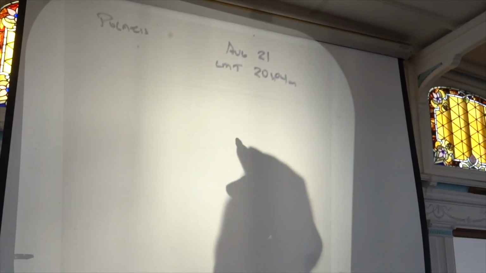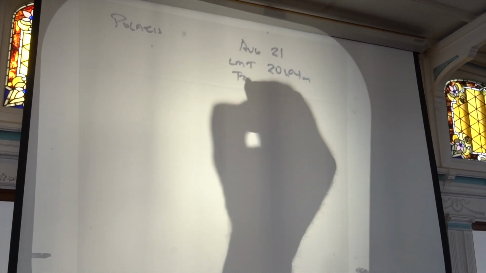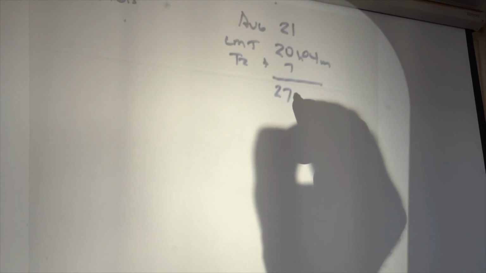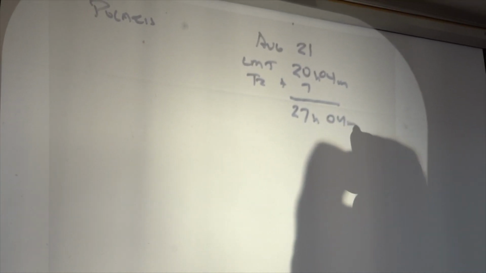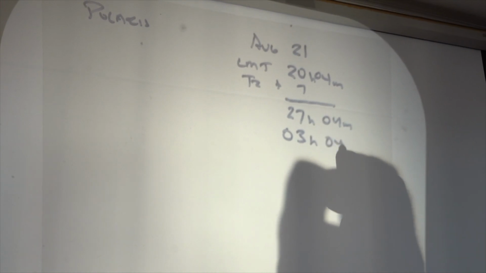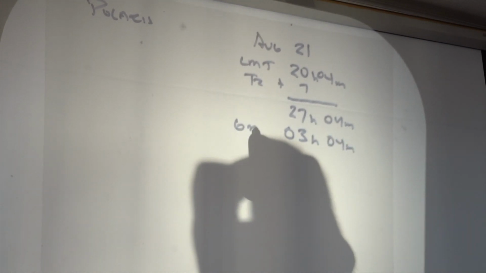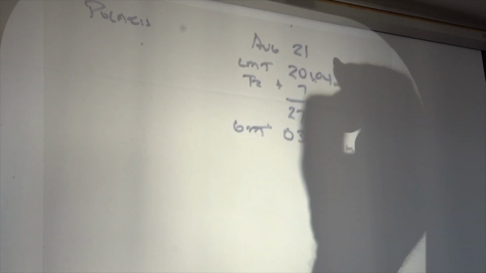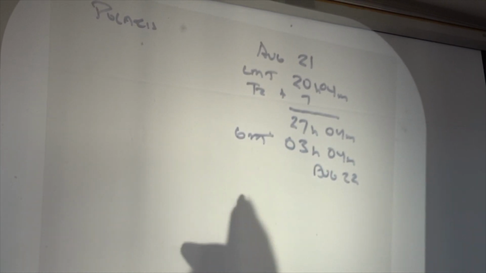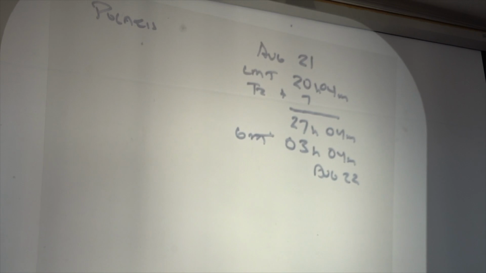We're at +7, so time zone +7, which is 27 hours, 04 minutes, but you can't have that, so that is 03 hours, 04 minutes GMT on August 22nd. Okay? So that's the time that we shot Polaris.